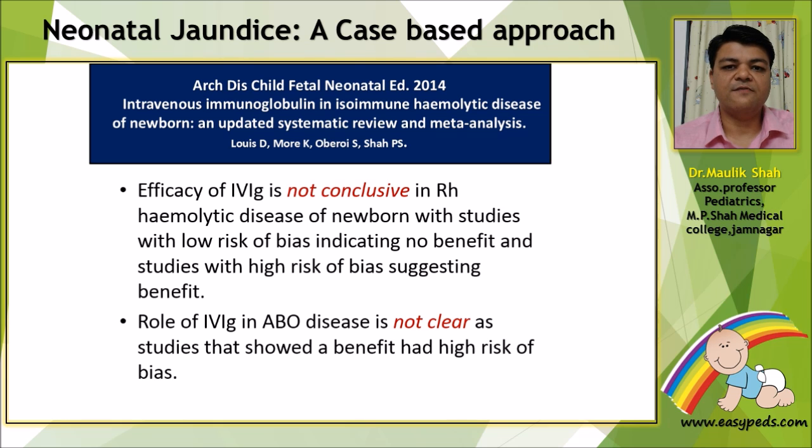One of the studies I found from Archives of Disease in Childhood, Fetal and Neonatal Edition, said that the efficacy of IVIG is not conclusive in Rh hemolytic disease of newborn. The role of IVIG in ABO disease is not clear, and there is no benefit of using it in ABO disease as per the study.